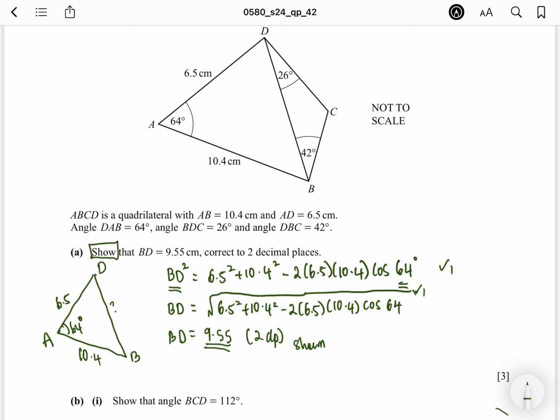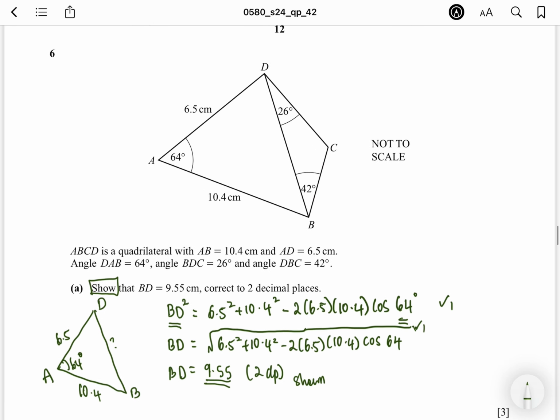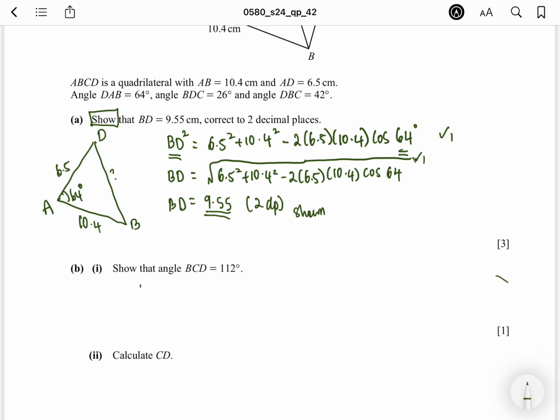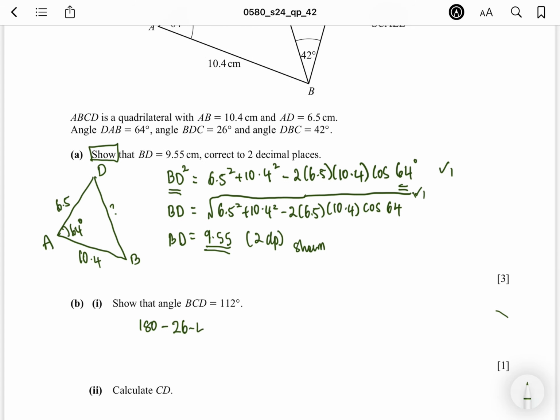Show that, so 180 minus the 2 angles that are given, which are 26 and 42, equals 112.